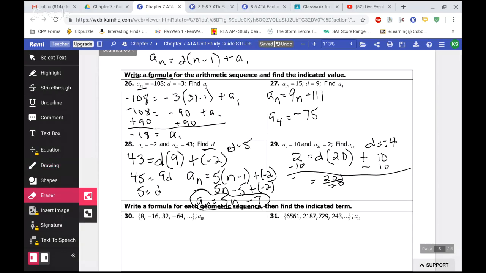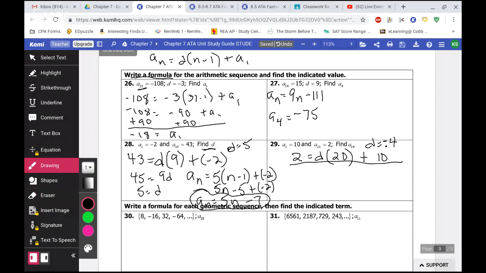I'm going to erase a little bit of this. And then we'll plug that in to find our formula.